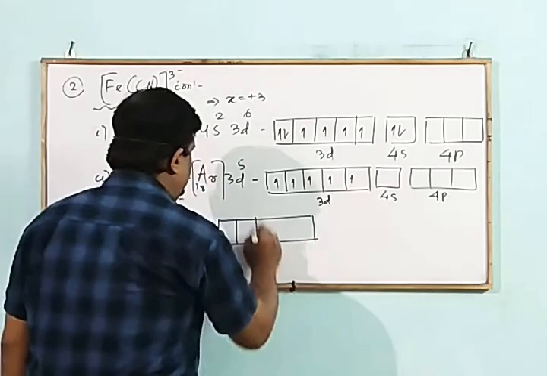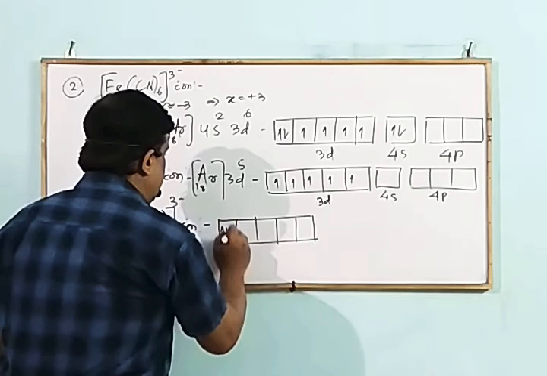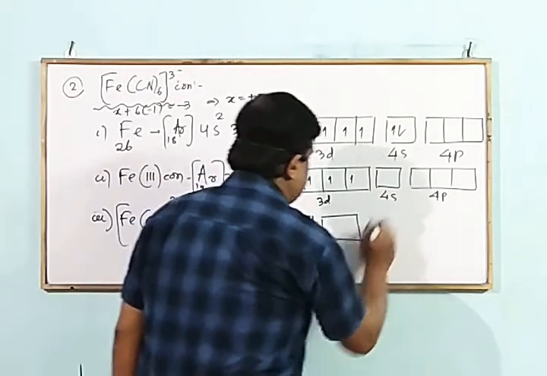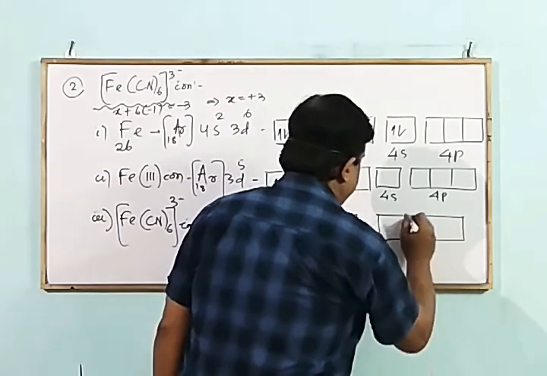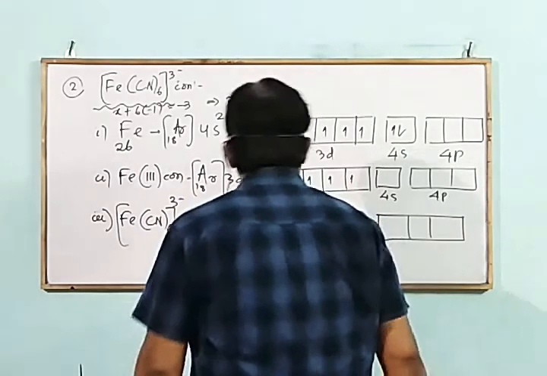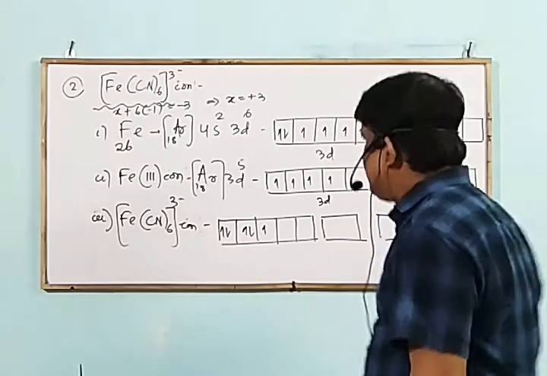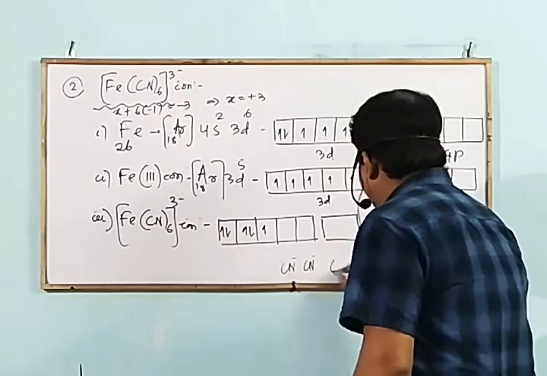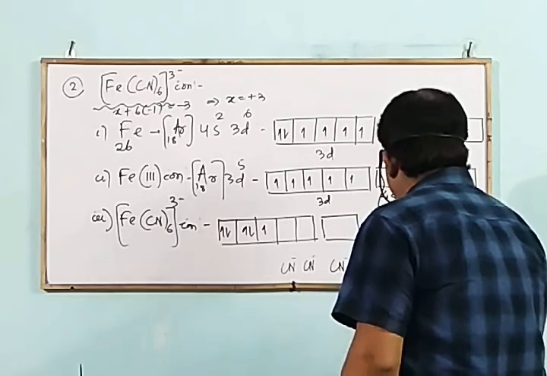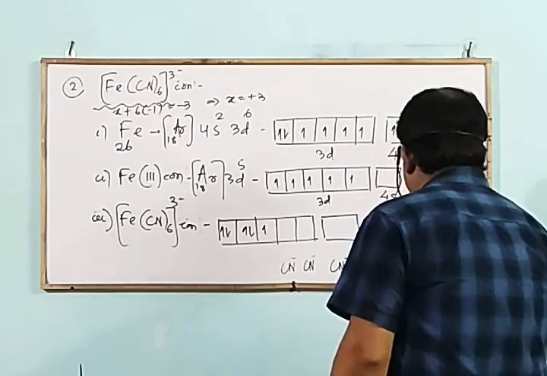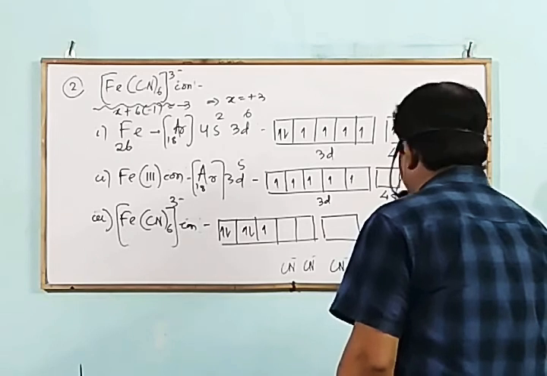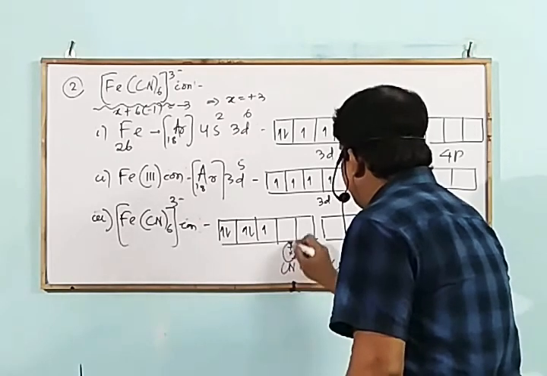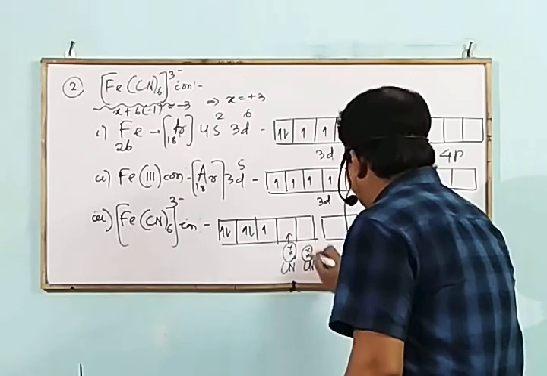Unpaired electrons get paired up in the 3d orbitals, then 4s, 4p. As there are 6 ligands, CN-, CN-, CN-, CN-, each ligand donates a pair of electrons.